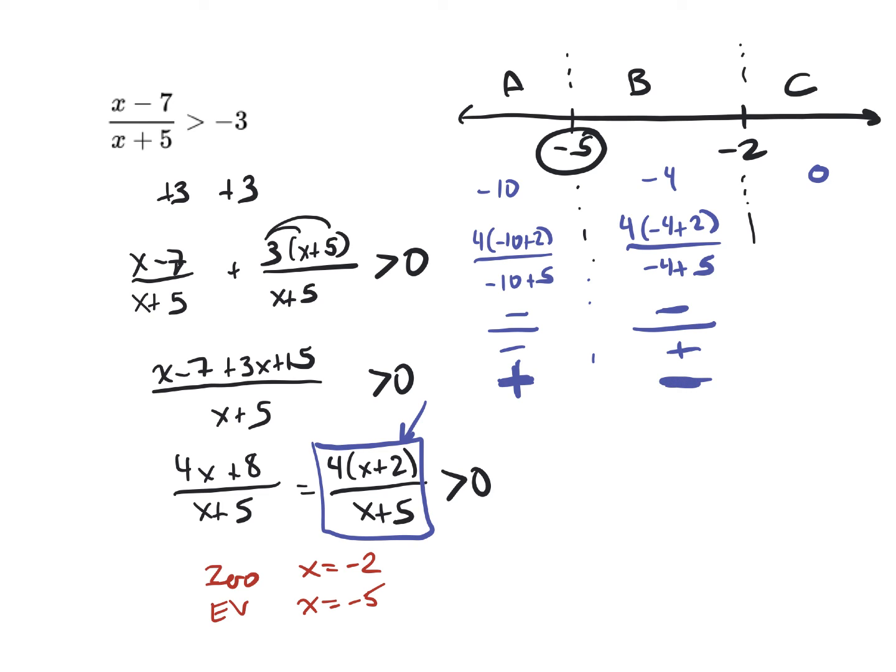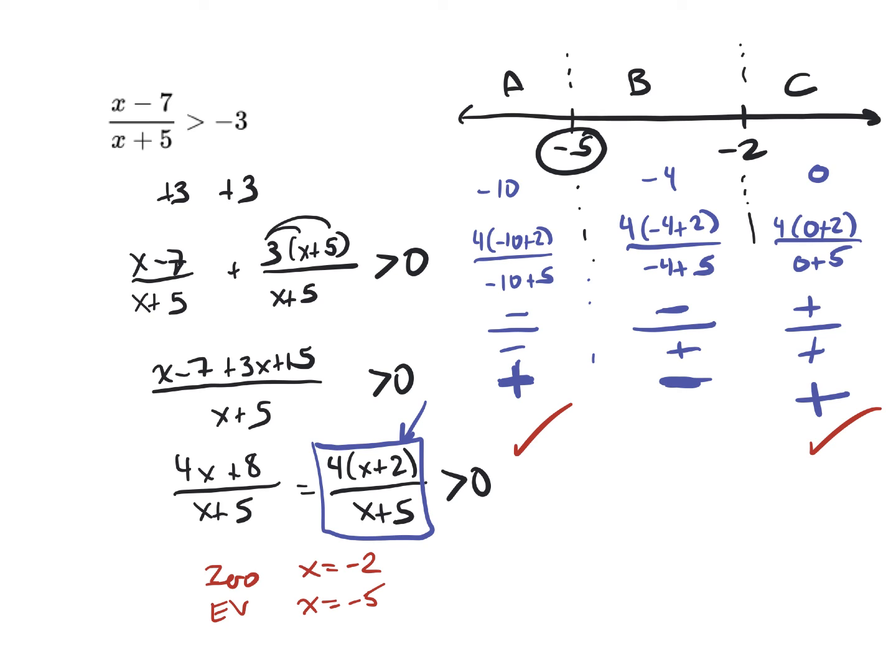And remember, we're looking for greater than 0 in this case. So far, just this region, not region B. And then finally, for 0, 4 times 0 plus 2. I'm assuming this will be positive over positive, which it is, which will make this positive. So I have two regions. Now in this case, it doesn't really matter for the excluded value and such because it's strictly greater than.